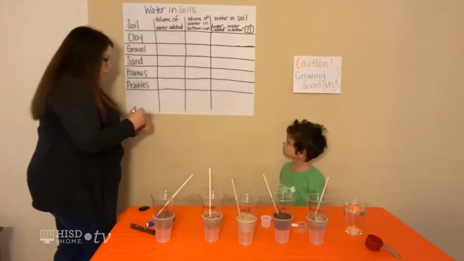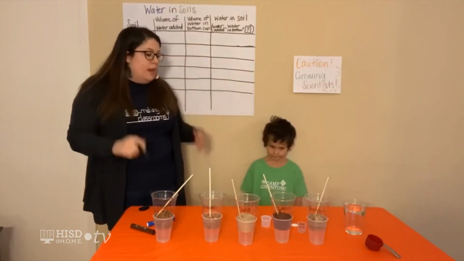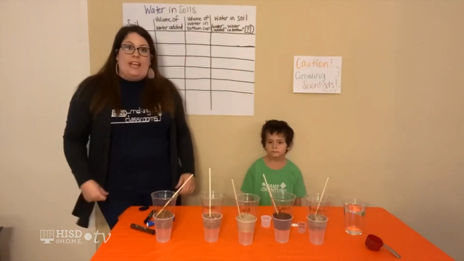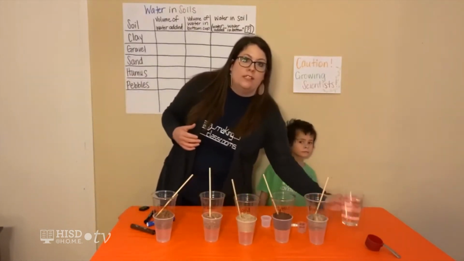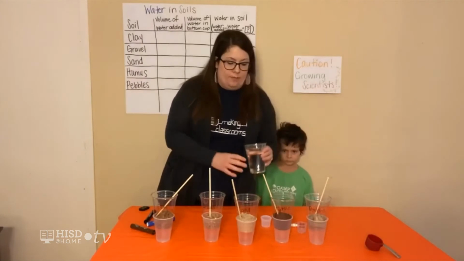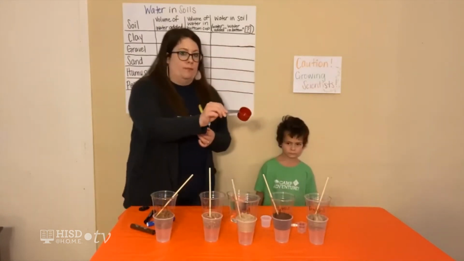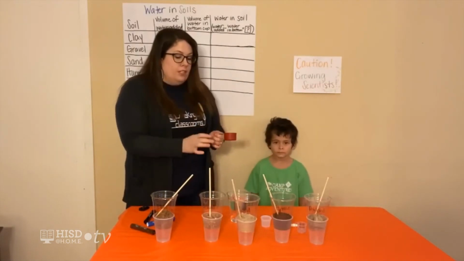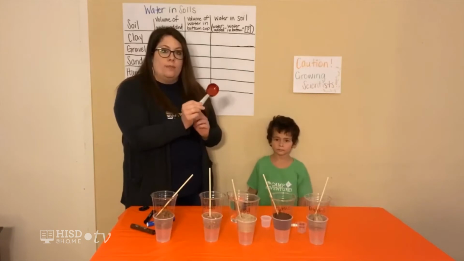So what we're going to do now is we're going to test what happens whenever we put water into each of these soils. So I brought some water here. This is just some water from my sink. And I have a 4th cup measuring cup from my kitchen. So what we're going to do is we're going to pour a 4th cup of water.